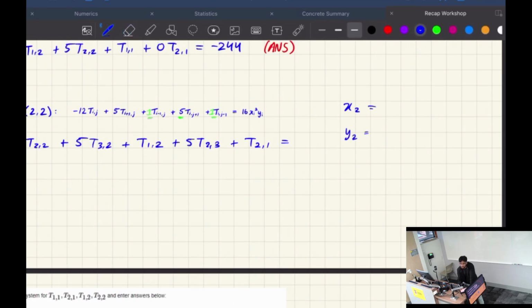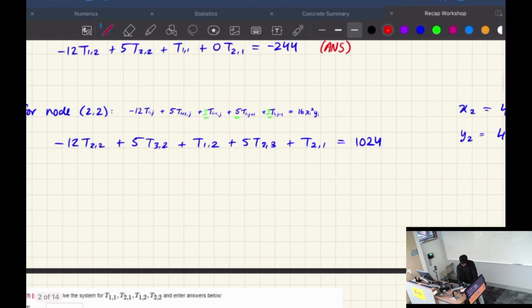What's x2? 4? Good. What's y2? Perfect. Okay. So substituting these on the right-hand side, we get 1024. Alright. And do we have any boundary conditions on this side?